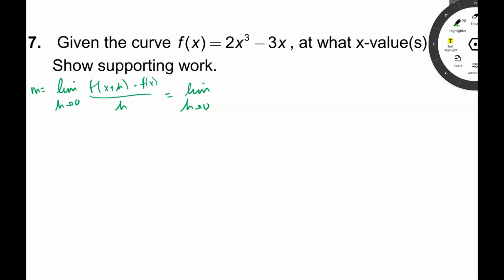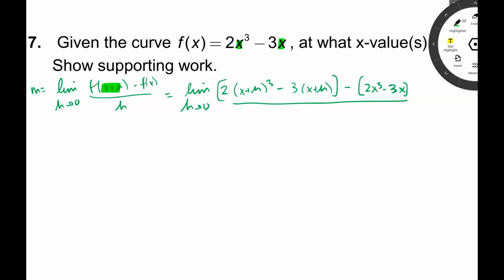This first one, I'm plugging in x plus h everywhere there's an x. So I have 2 times x plus h cubed minus 3 times x plus h, put brackets, and I'm subtracting f of x. So that's just going to be 2x cubed minus 3x. And this is all over h.